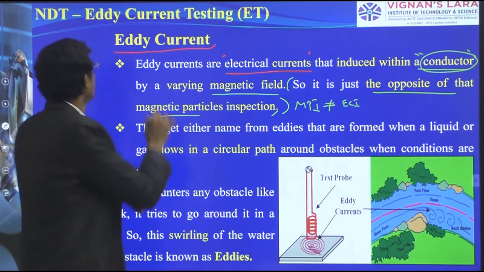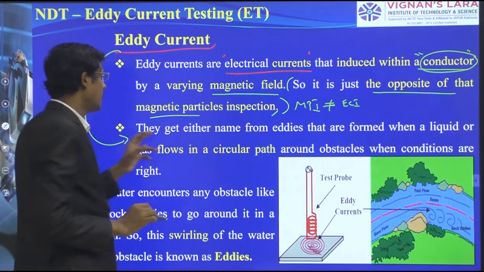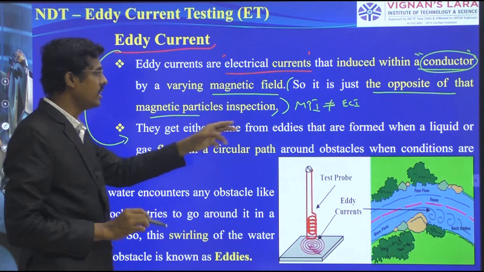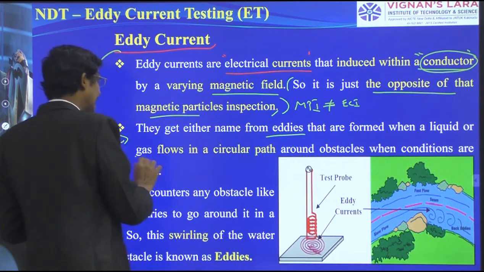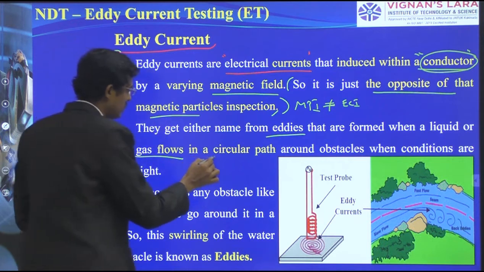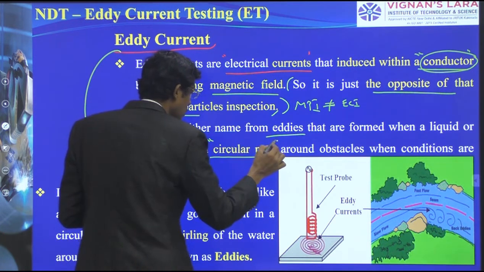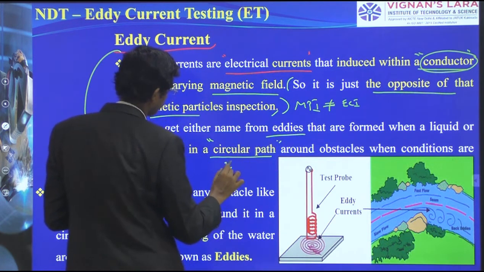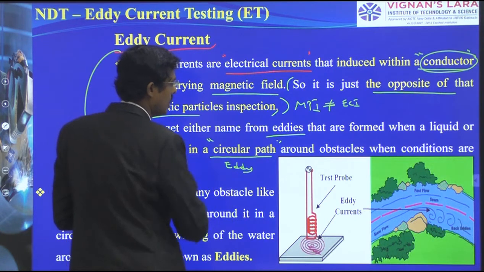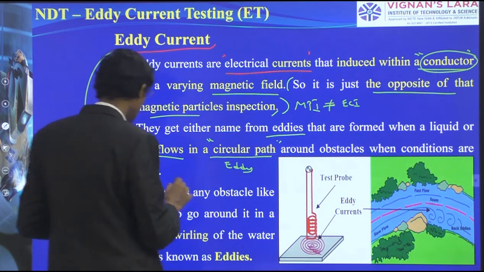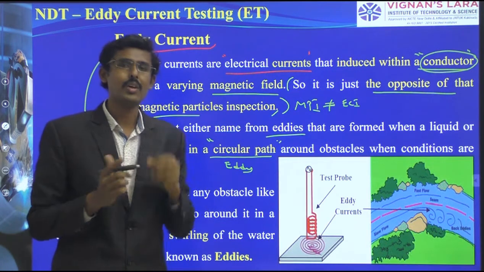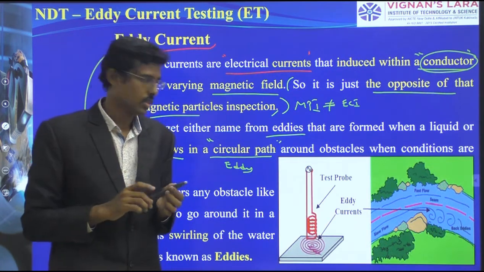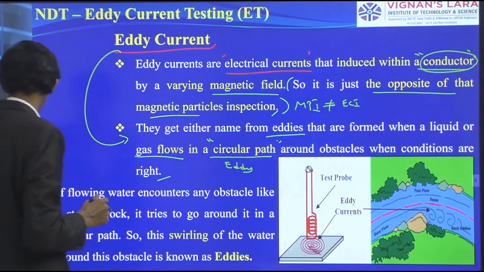Eddy current gets its name from eddies that are formed when liquid or gas flows in a circular path around obstacles, when the conditions are right. Let us assume we know what waves and frequency are; we have discussed these a little.